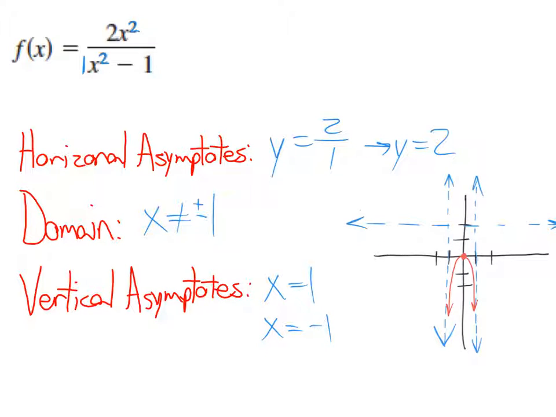We'll look at positive 1 first. Notice how it's going down to negative infinity as it approaches positive 1. On the other side of it, it's going to jump up to positive infinity. And then what's it going to do as we go to the right?